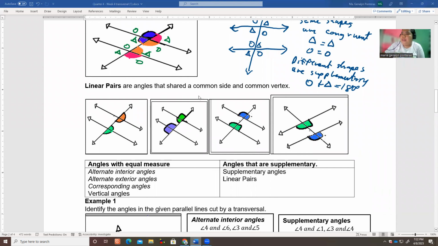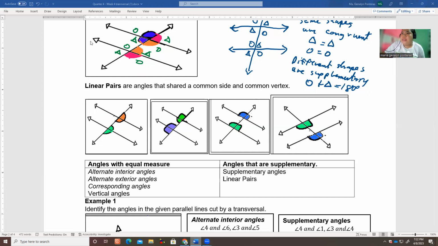Okay, so the next one is the linear pairs. Linear pairs are angles that share a common side and common vertex. So aside from this one, this is also a linear pair. In addition, let me add something. This one, green and orange, is also a linear pair.